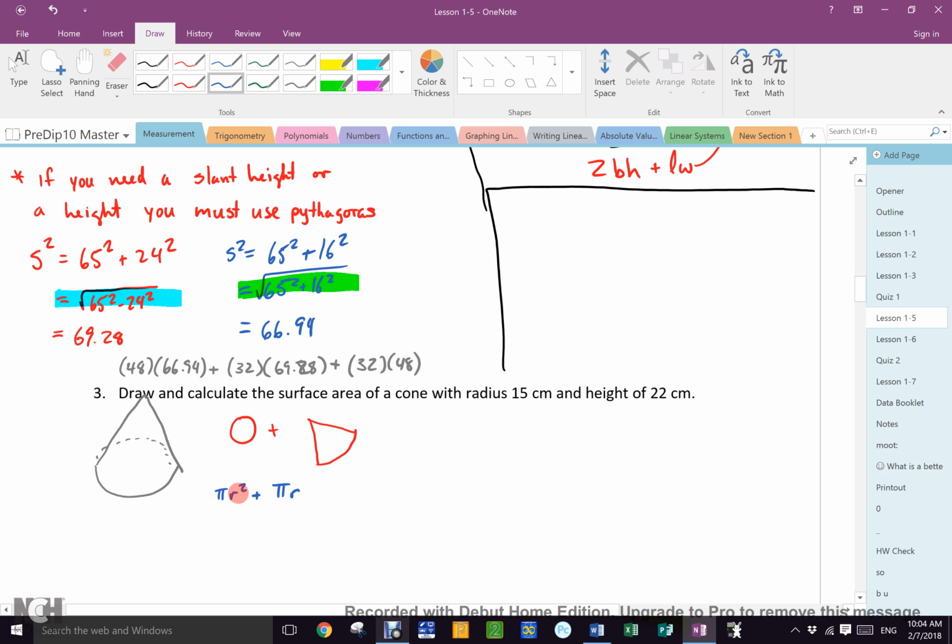If it was a full circle, it would be radius times radius. So I must need to multiply this radius by something. But I can't square it, or that would give me the whole circle. What's the only other measurement left here? The height. Not quite the height. The slant height. That's how you find the area of a cone, because it's this weird section of a circle.